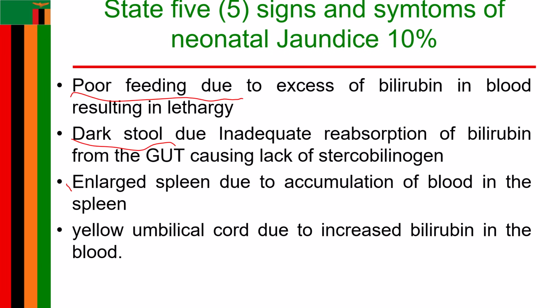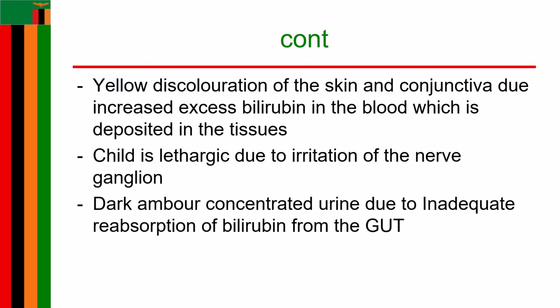Of course, the other symptom is enlarged spleen. Enlarged spleen, this is due to accumulation of blood in the spleen. Then, of course, yellow umbilical cord. This is due to increased bilirubin in the blood. Other symptoms include yellow discoloration of the skin and conjunctiva. This is due to increased or excess levels of bilirubin in the blood.